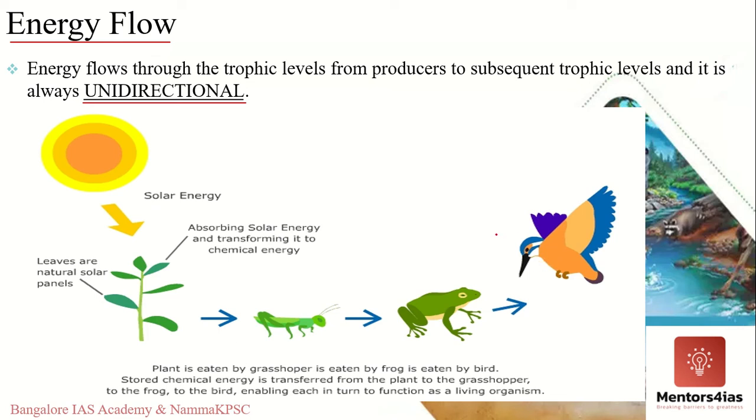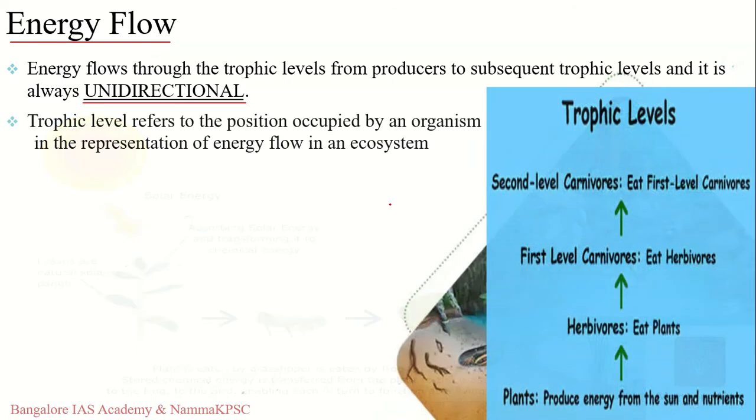In order to better understand the energy flow in the ecosystem, we'll have to consider the trophic level interactions. The trophic level refers to the step, place or position occupied by an organism in a nutritive series of an ecosystem. The classification of organisms into different trophic levels depends upon their feeding behavior. If you look at this diagram on your right hand side, you should be able to see these trophic levels. At the bottommost level, you have plants.